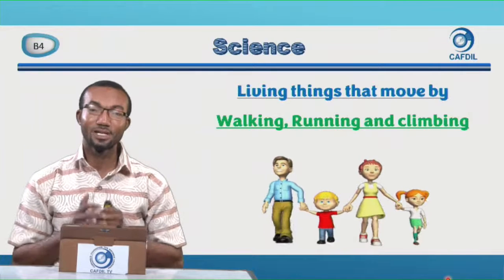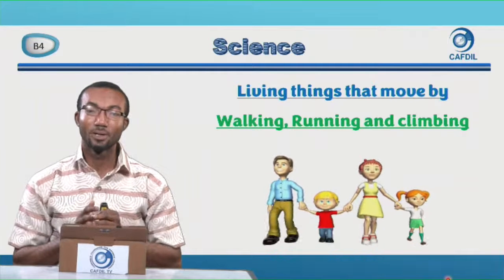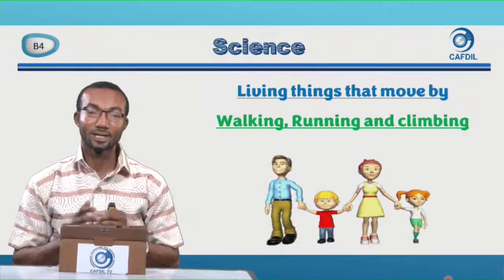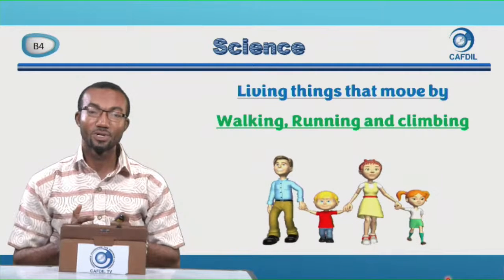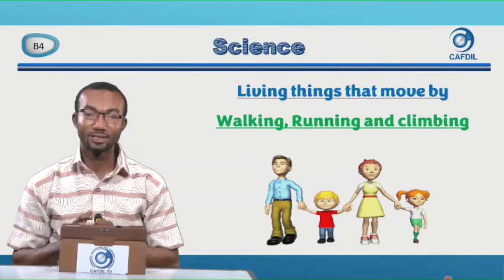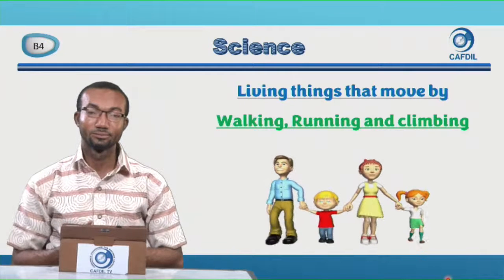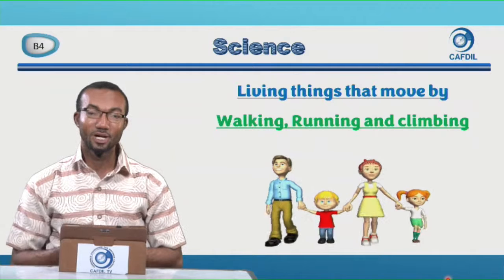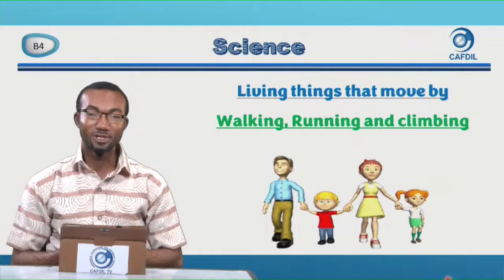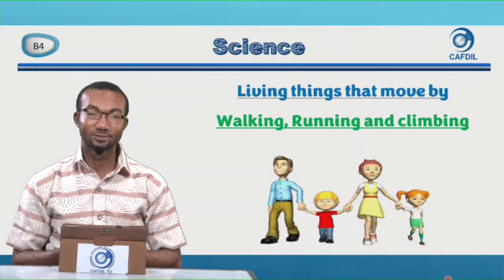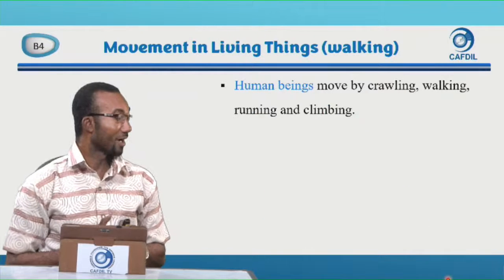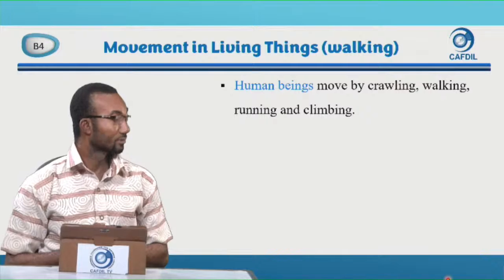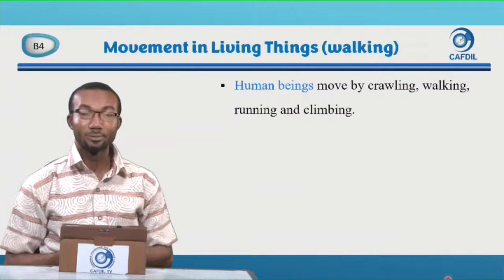The first one is that living things move by walking, running, and climbing. So some living things move by walking, running, and climbing. So you see human beings here. We move by crawling, walking, running, and climbing.